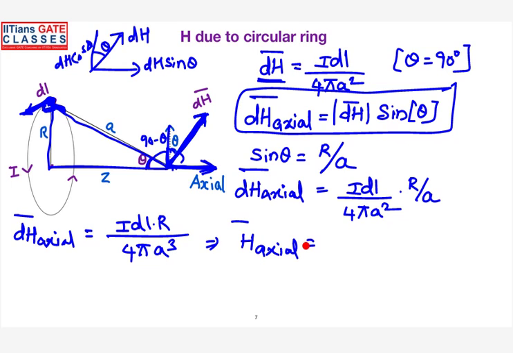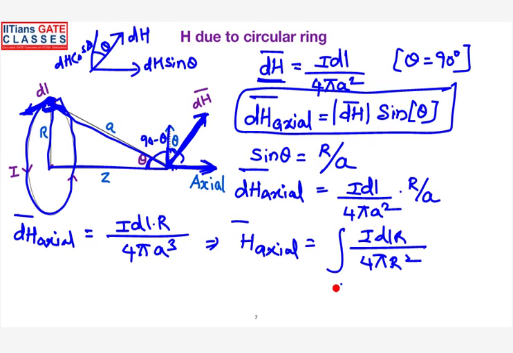To find the total magnitude, you have to integrate the differential magnetic field along this loop. So I can call it from 0 to L. So what will be the value of L? When you are moving on the circle, what is the total length you have covered? 2 pi r, where r is the radius.